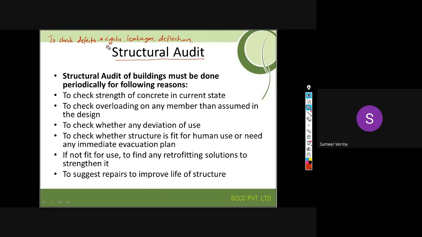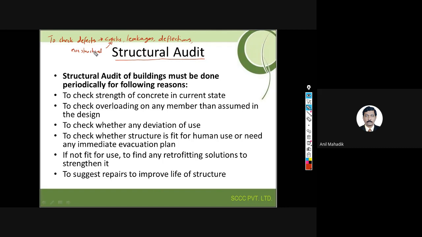Characteristic strength of concrete is less, so there is a possibility of cracks in the structure. Yes, there is. See, there are two types of cracks actually. One is non-structural cracks. Non-structural means cracks in plaster, cracks in paint, which don't cause any structural problem.